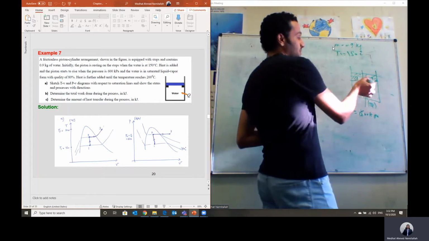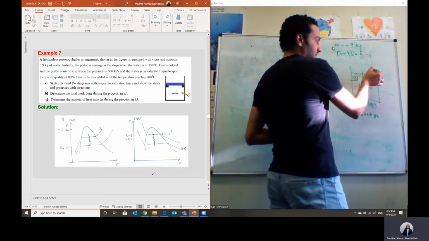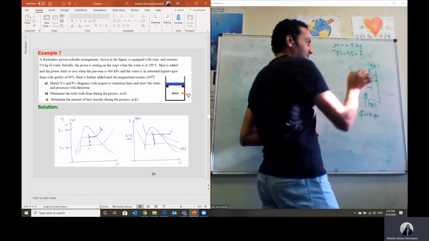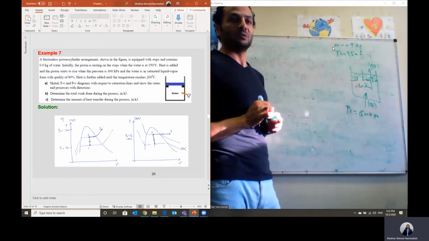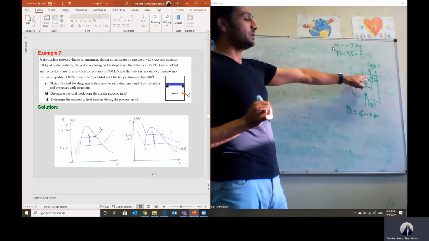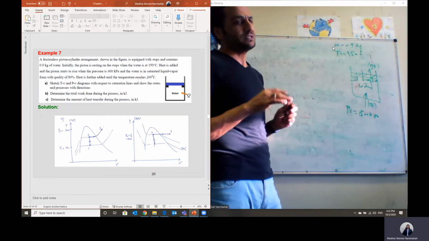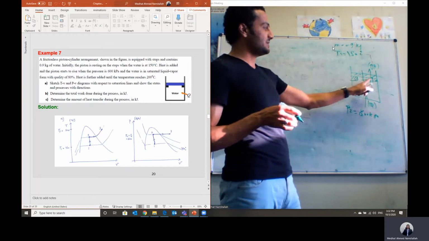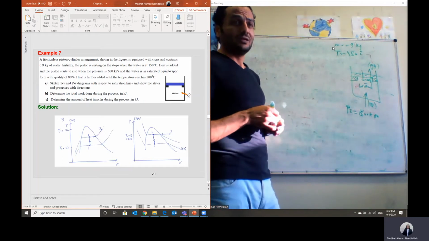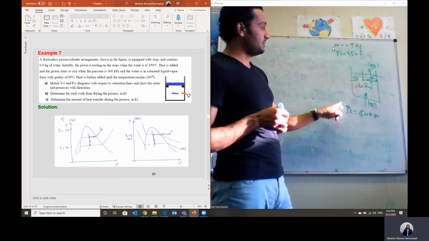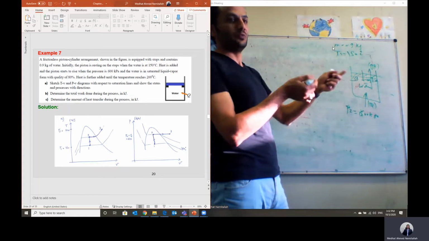So in this case, when the pressure equals 600 kilopascal, there should be a pressure force acting upward equal to pressure multiplied by area. This will be equal to the weight of this piston at state number 2. So in some cases, he may give you the mass and the gravitational acceleration, and he asks you to calculate the pressure at which this piston will start moving.